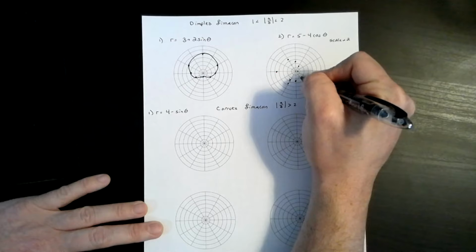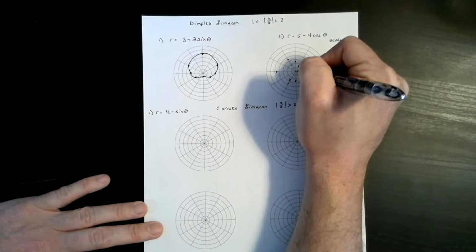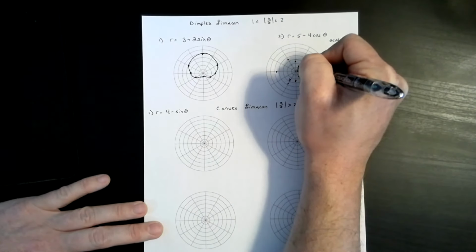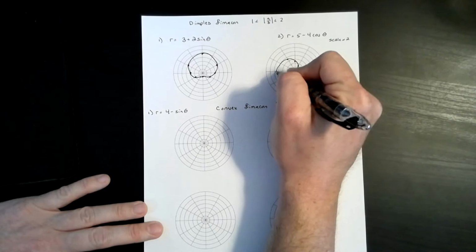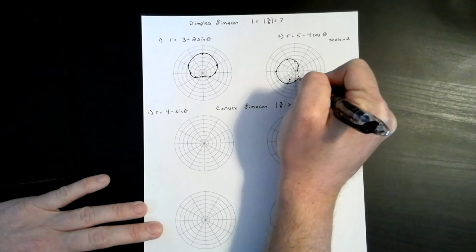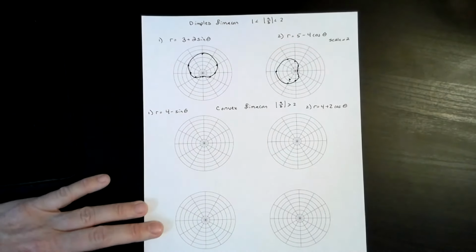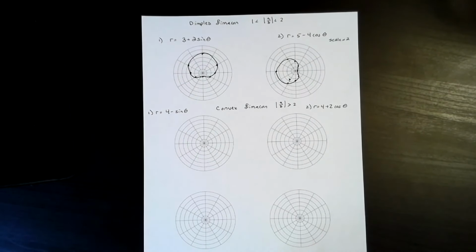What happens, we know, is we started here, went to here, came around, did our thing, came around to here, and had to come back in. So over there you have a dimpled limaçon.